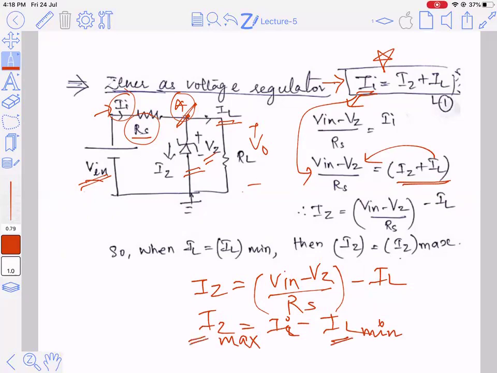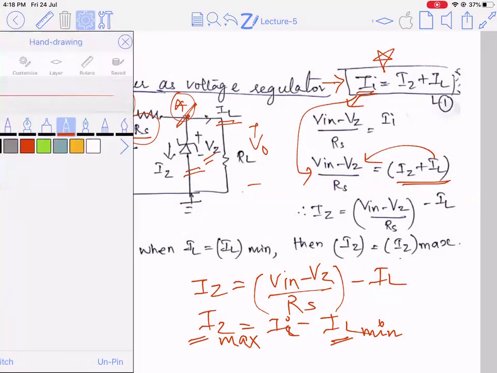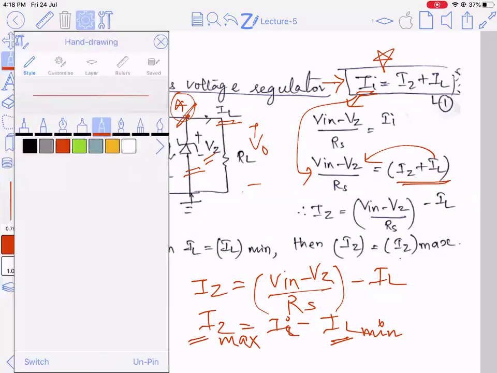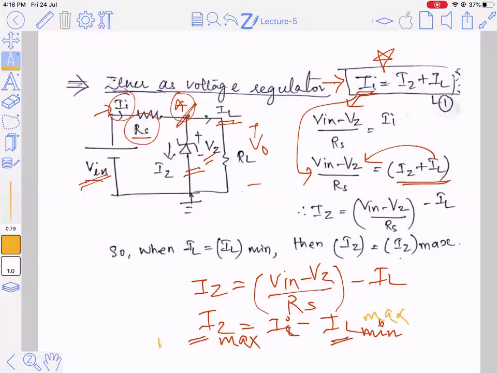If your IL is maximum, then you'll be subtracting the maximum, so your Iz will be minimum. So one thing you can understand is when my Iz is minimum, at that time my IL is maximum. When my Iz is maximum, my IL is minimum.